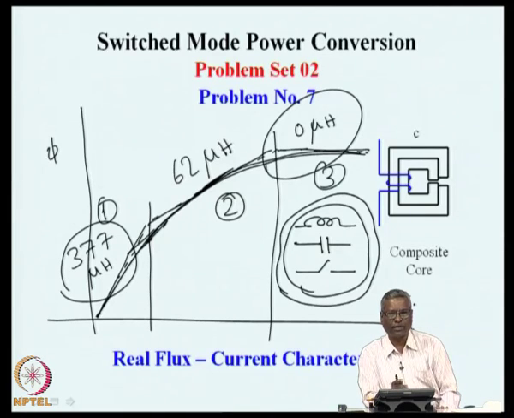So, in the first 10 lectures we have seen the devices and the prior art and an overview, and the devices that are used for power conversion to do it efficiently.